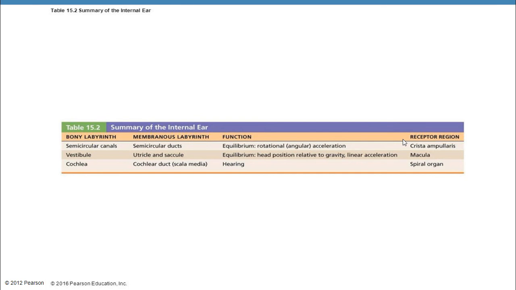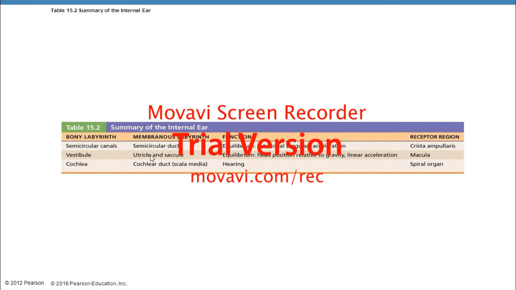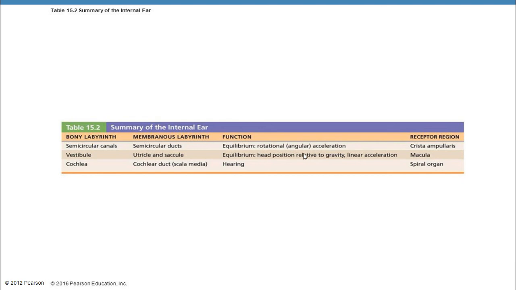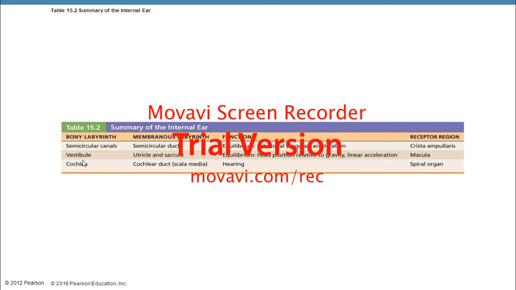And then the vestibule also deals with equilibrium, static equilibrium and head position relative to gravity in linear acceleration, and it's in the receptors in the macula. And then with hearing, the cochlea deals with hearing, okay, and the receptors are in the spiral organ.